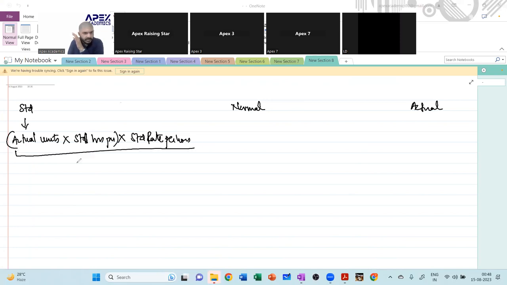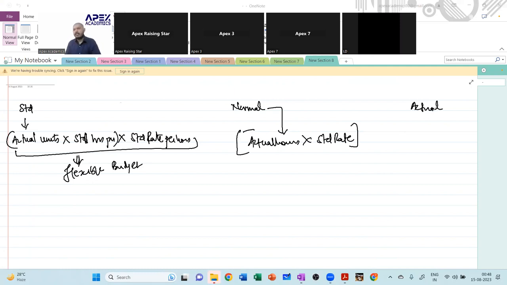If you notice, this is nothing but a flexible budget. This is actual hours multiplied by standard rate, and this is actual hours multiplied by actual rate.